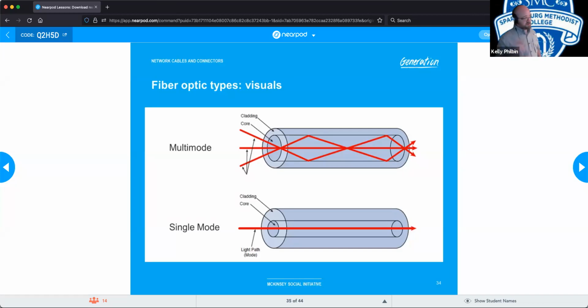Questions with regards to multi-mode versus single mode? Is that the reason why it's more expensive? Part of it is because it has these very fine optical cores that you have to be careful not to break, bend too far, things like that. So they're expensive to make. Not to mention our infrastructure has not been installed yet with this.